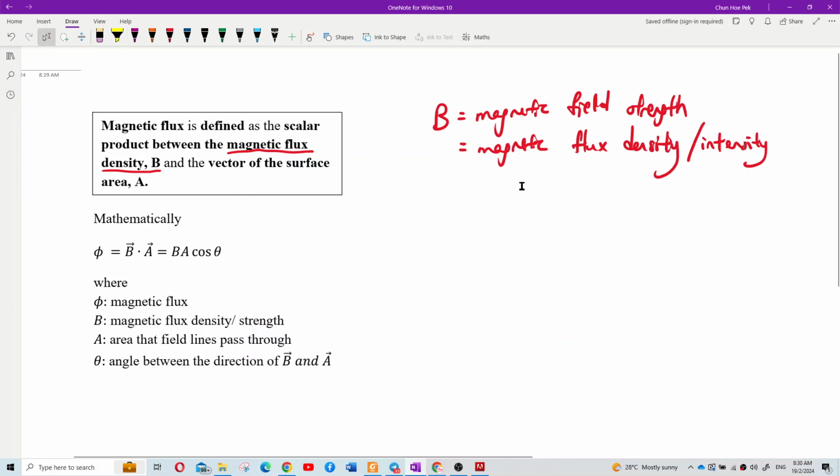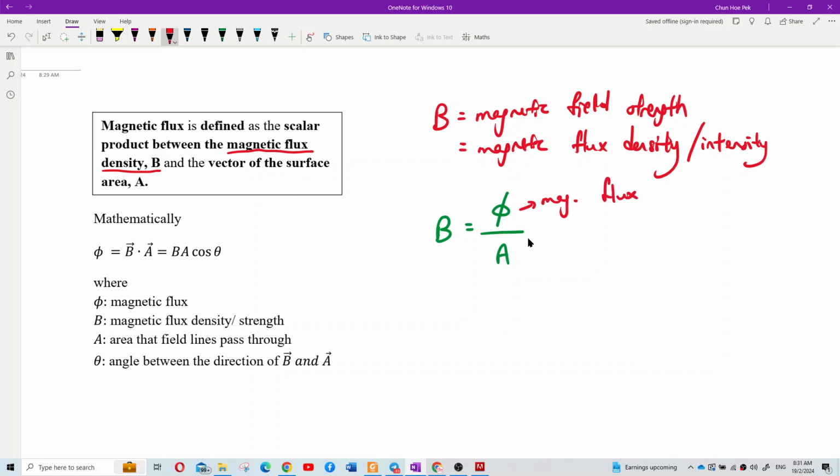Also, why we call it magnetic flux density is basically that if we rearrange this formula, B is equal to magnetic flux over area. This one is magnetic flux divided by area.